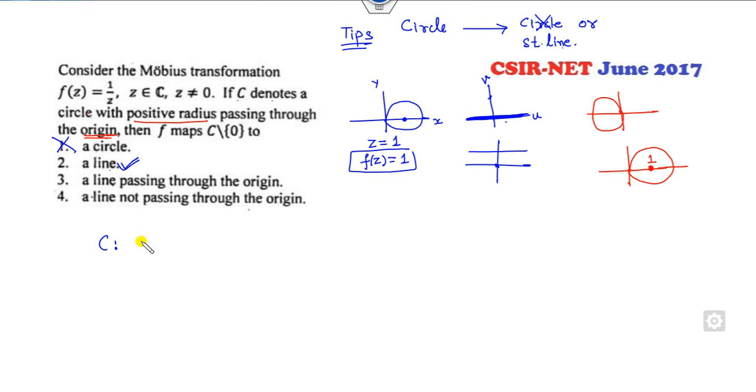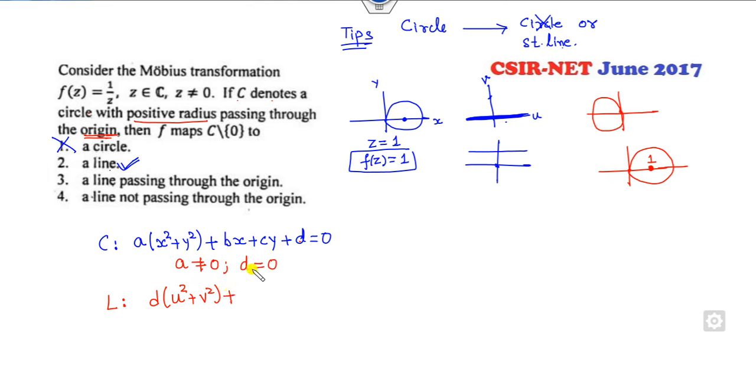We can write the equation of the circle: a(x square plus y square) plus bx plus cy plus d is equal to 0. Since it is the equation of a circle, a is non-zero. It passes through the origin, so definitely d will be 0. Now you can transform this in reverse: a(u square plus v square) plus cu plus bv plus d, and since d is 0, this value will be 0.